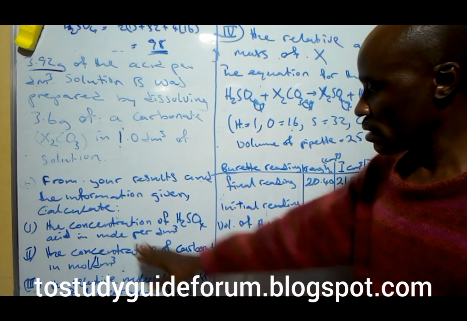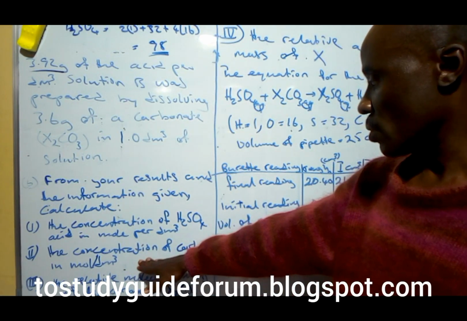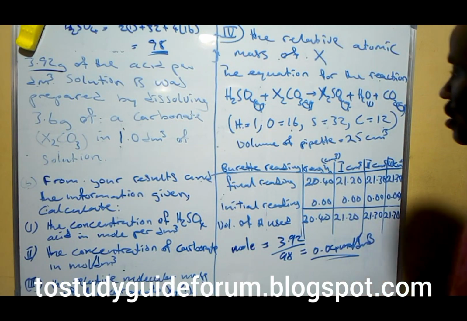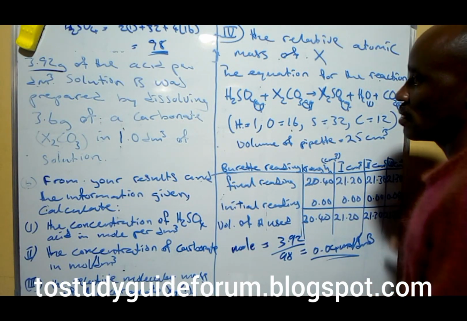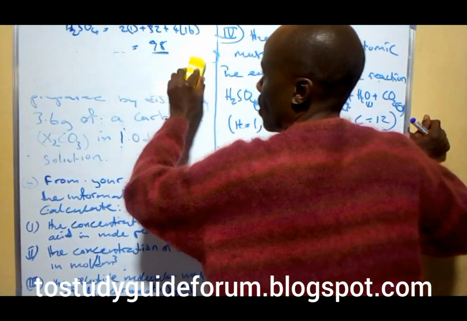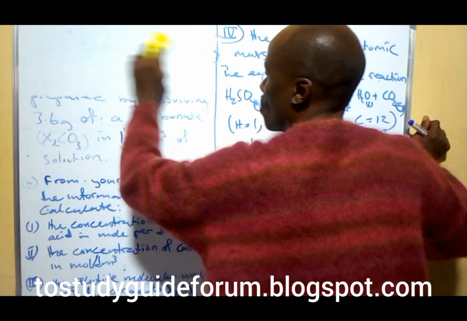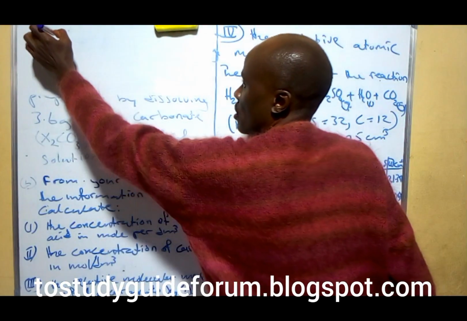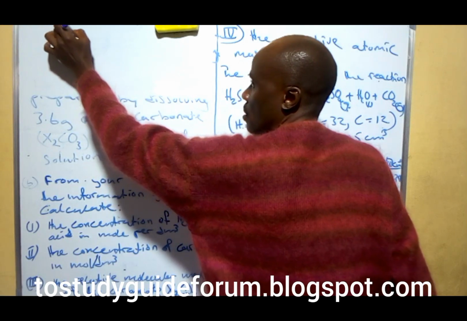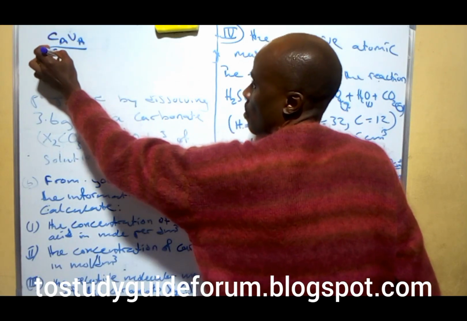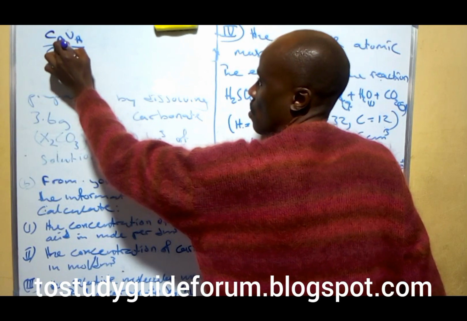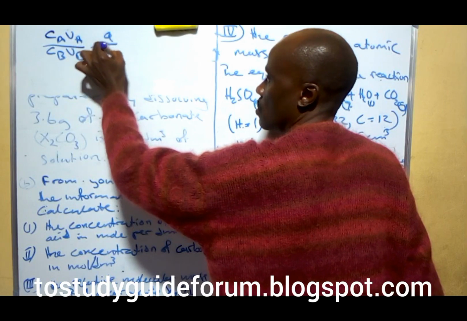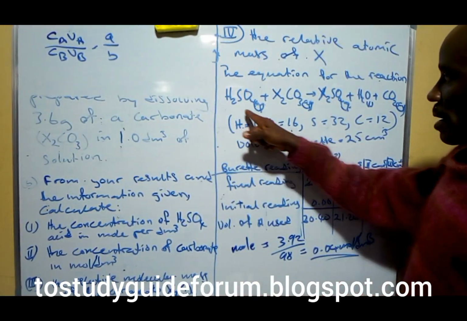The next one asks for the concentration of the carbonate in mole per dm cube. In this case, we can now use our relation from our chemical equation.